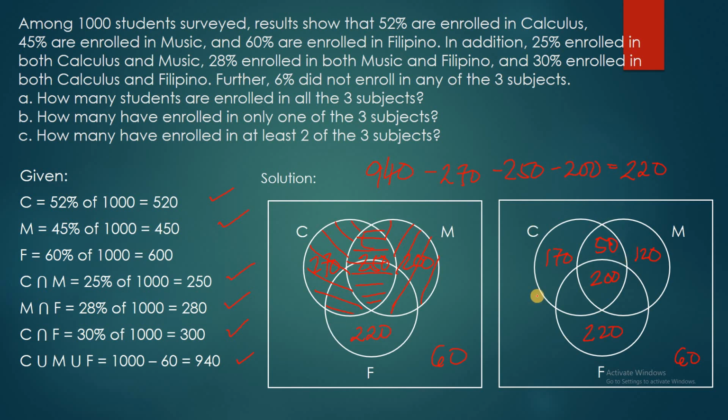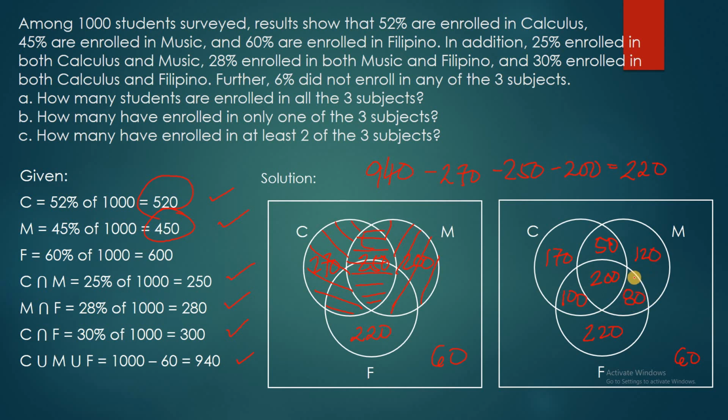And then finally, to complete set C, I understand that set C has a value of 520. So if I subtract 170, 50, and 200, this part here should be exactly 100. To recheck this, this is 100 plus 200 plus 50 plus 170. It is exactly 520. And then for set M, 450 minus 200 minus 50 minus 120, I am left with 80.